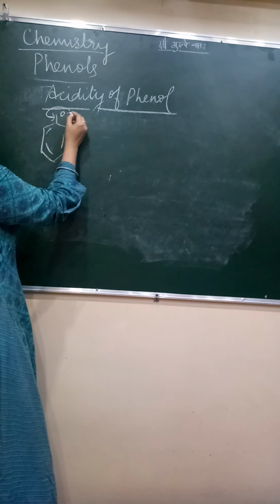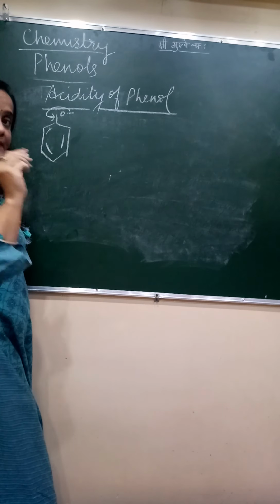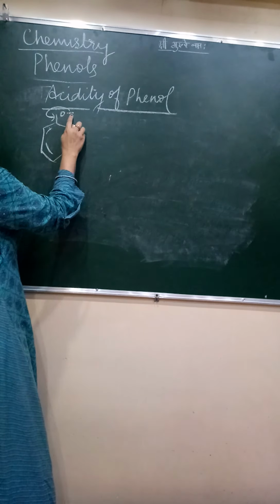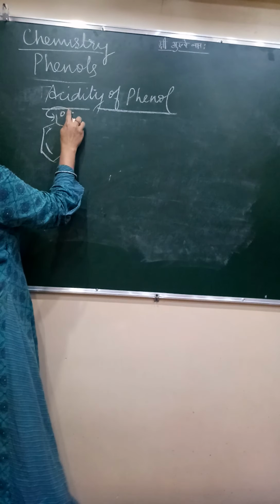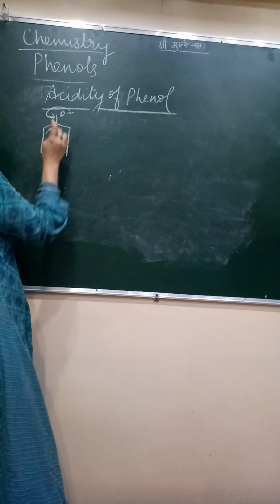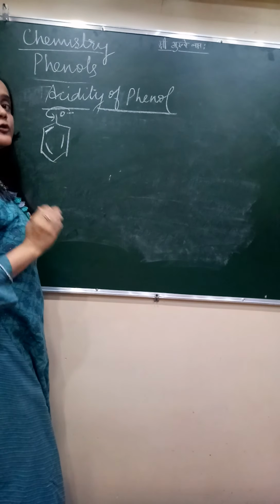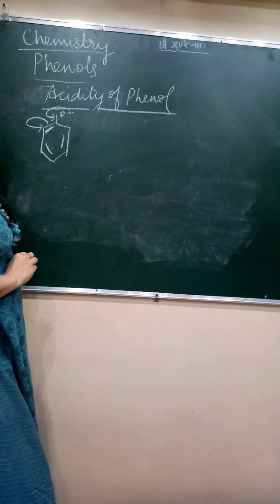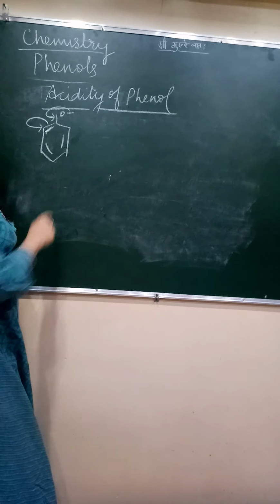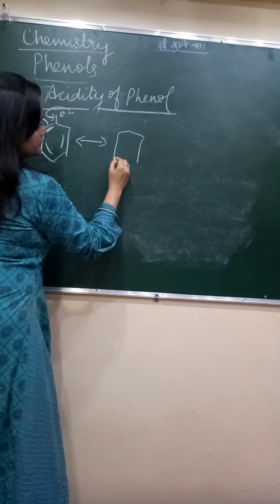This negative charge is a lone pair of electrons, and these bonds are pairs of electrons. So when this pair of electrons comes here, then this bond, which is also a pair of electrons, will come to this carbon point. So a structure will form like this.